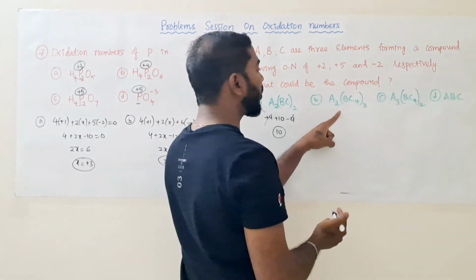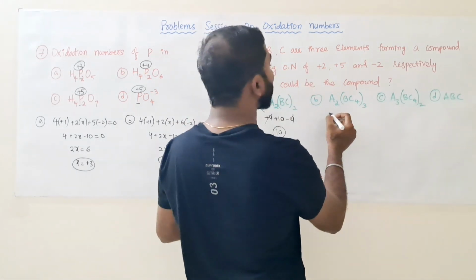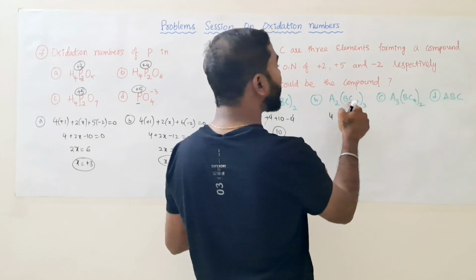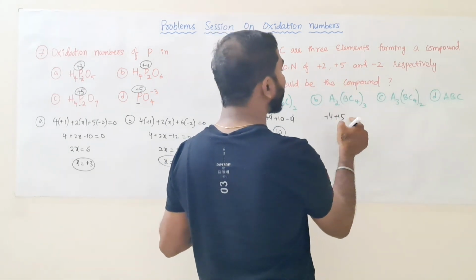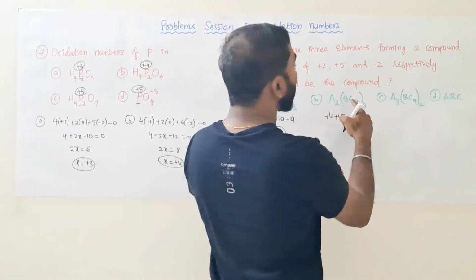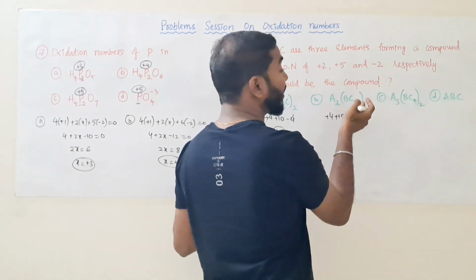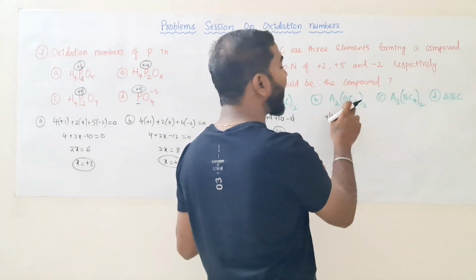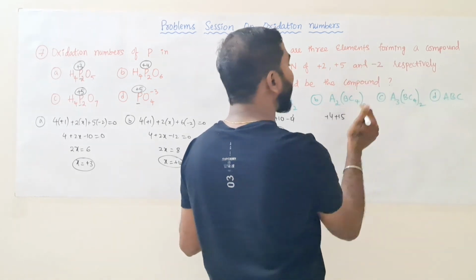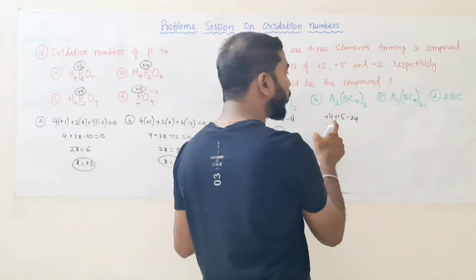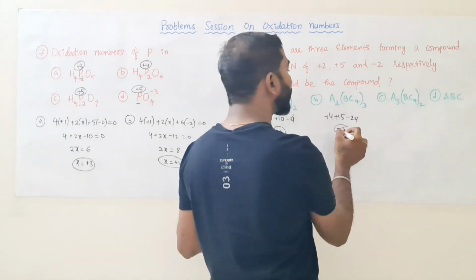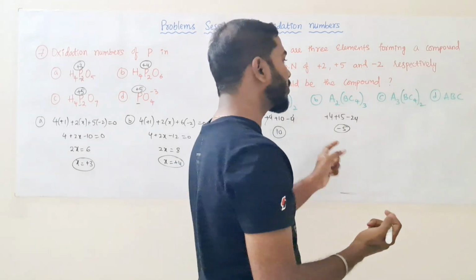If you look at the second option, 2 into +2 is +4, and then we have 3 B's, which is +5 into 3, giving +15. And how many C do we have? 12 C. So 12 into -2 is -24. If you look at this, -24 and this is +19, so this still leaves -5. So this is not the option.